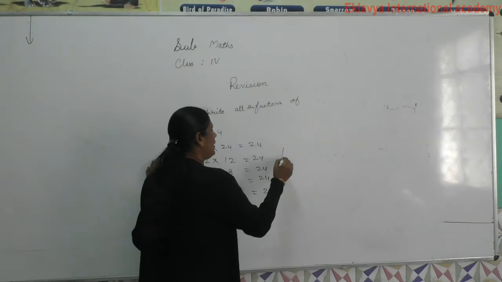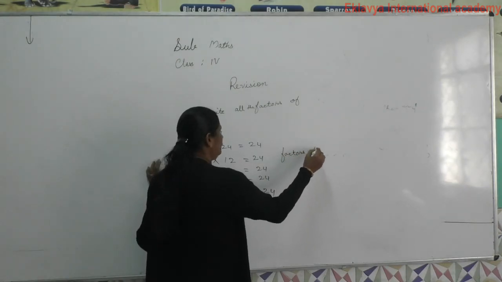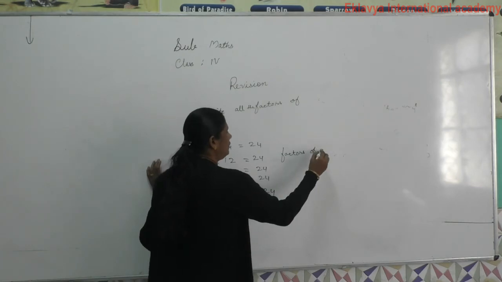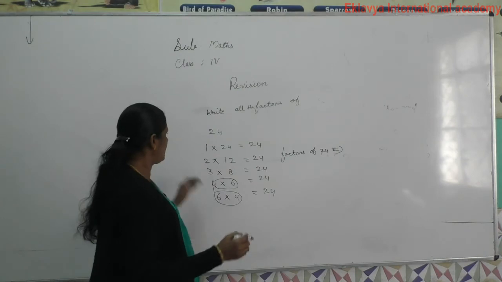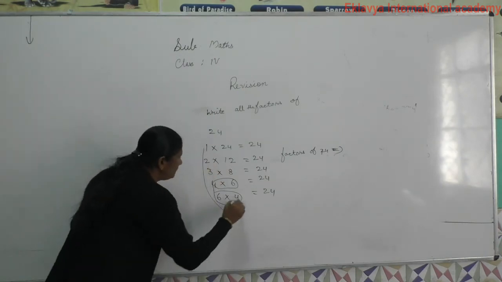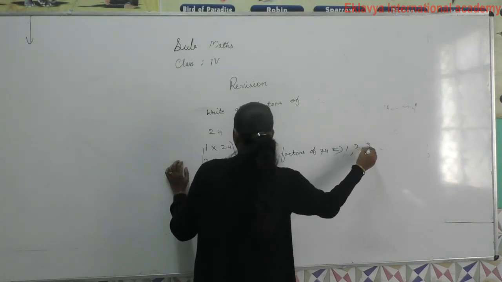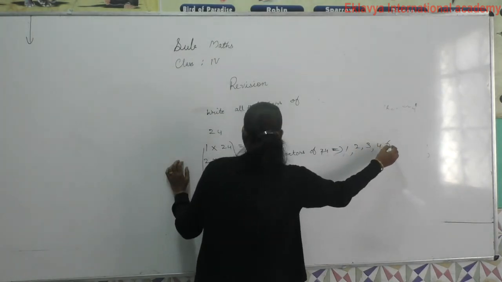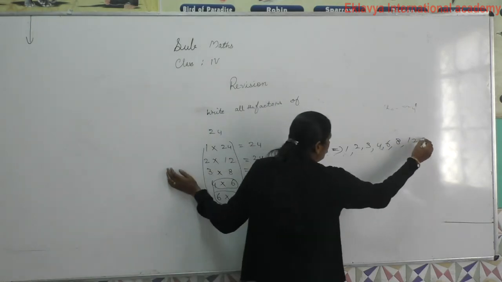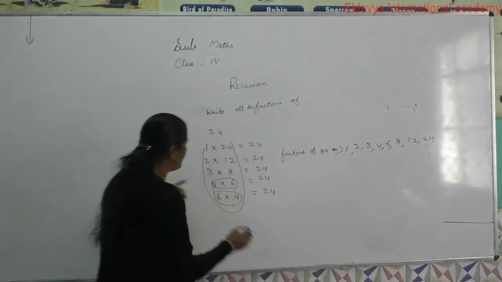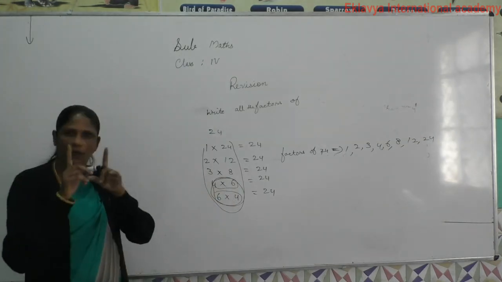Now what are the factors of 24? You take a U-turn. This 1, 2, 3, 4, 6, 8, 12 and 24. You take these two numbers one time, since they are repeated.